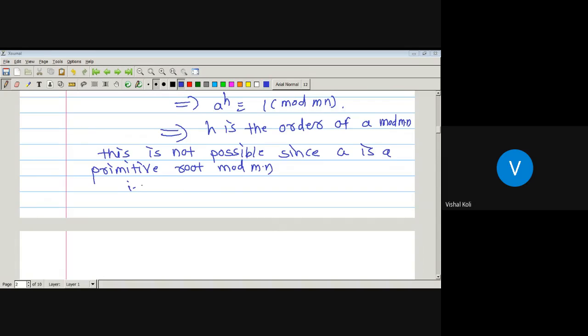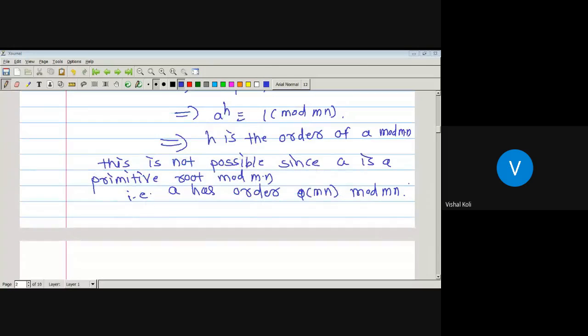That is, a has order phi of mn modulo mn. But here we get one integer h which is less than phi of mn, and which is the order of a modulo mn. But this is a contradiction to our assumption, and this contradiction arises due to our wrong assumption that a is a primitive root modulo mn.